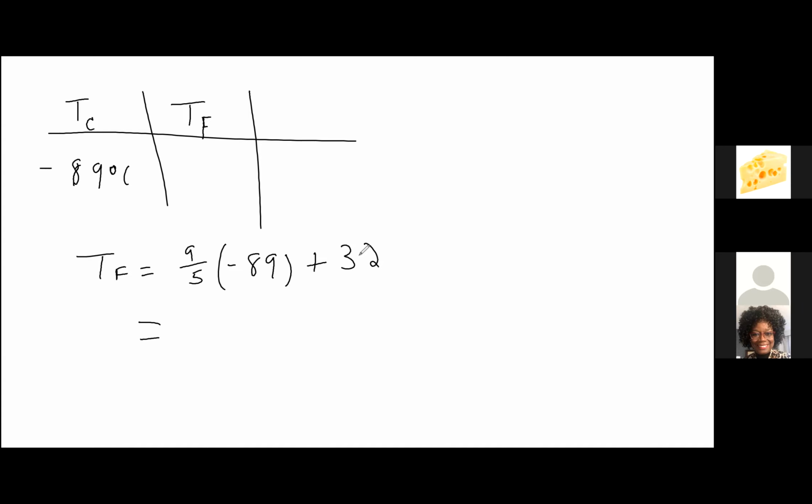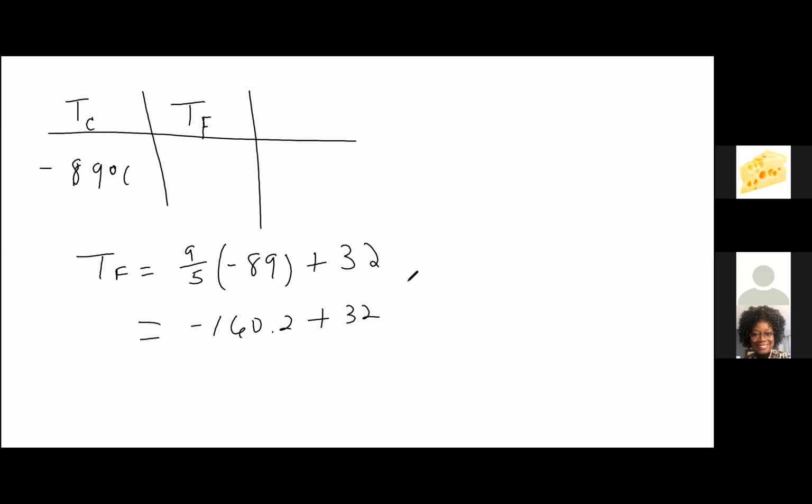So we have -89 times 9, divide 5, and that gives us -160.2, and add that to 32.